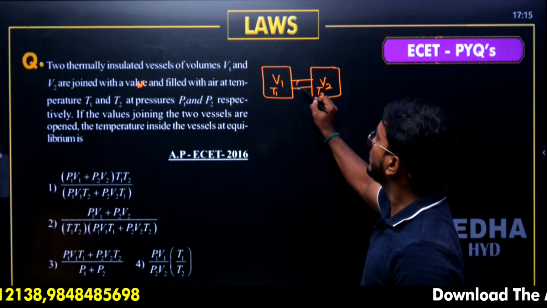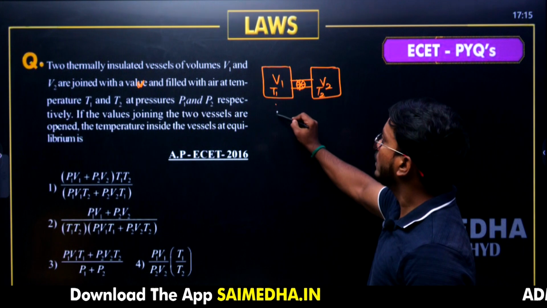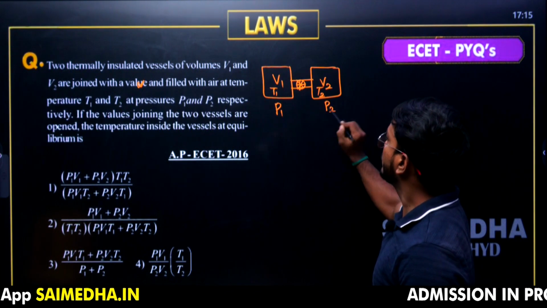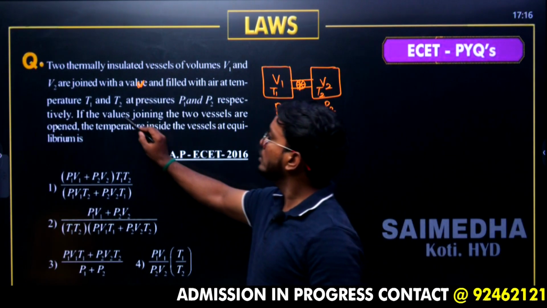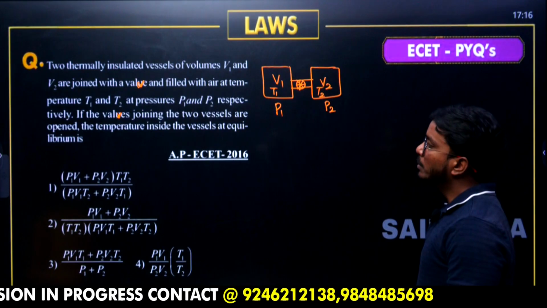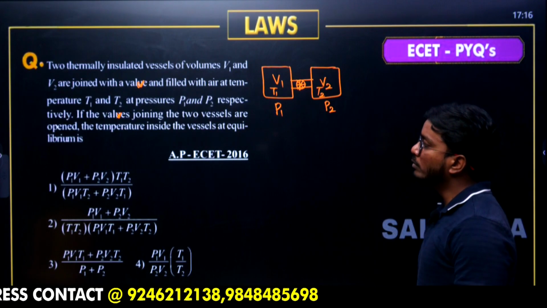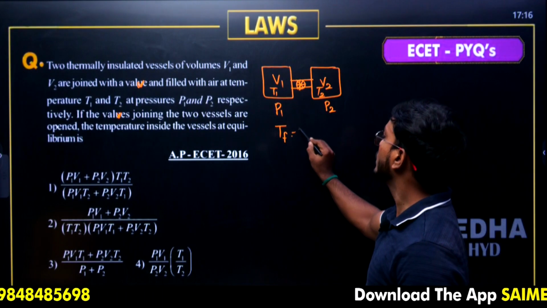They are joined by means of a valve, with pressures P1 and P2. If the valve joining the two vessels is opened, what is the final temperature inside the vessel at equilibrium? He is asking, what is the final temperature?